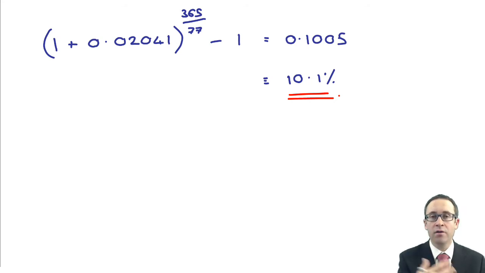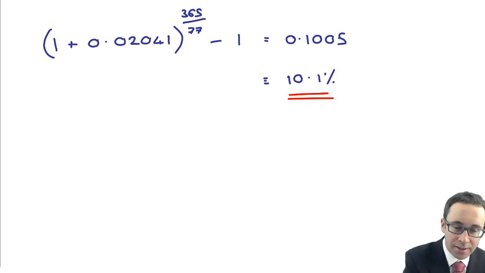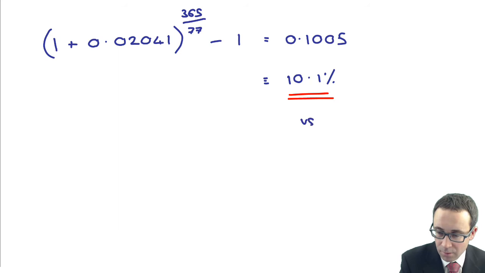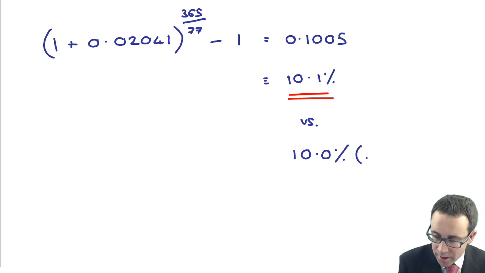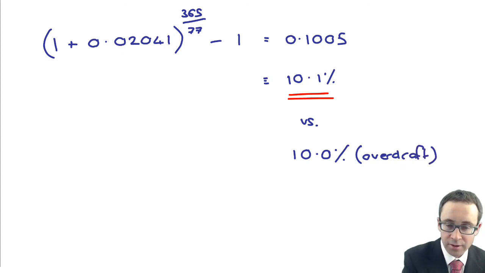So the annualized cost of offering the discount is 10.1%, against 10%, which is the rate on the overdraft.